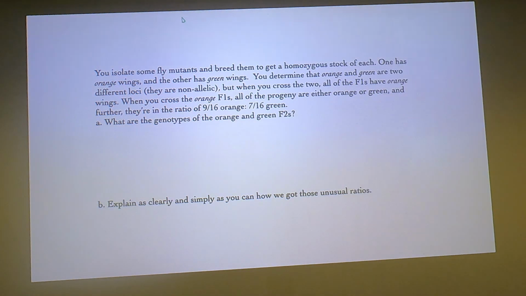Would it be that the 3 to 3 to 1 would have the same phenotype? Oh, yeah, there you go. So if we expect a 9 to 3 to 3 to 1 ratio, but we get 9 to 7, one explanation might be that those got all lumped together. Those are all making the same color. So instead of the expected 9 to 3 to 3 to 1 ratio, we get 9 to 7, because those are all consolidated.